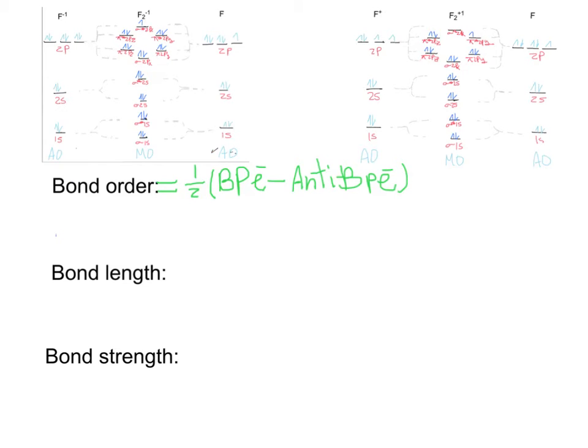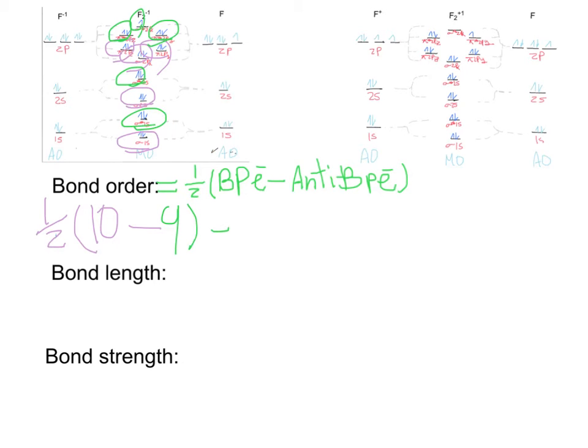Starting with the F2-1, it is half of the bonding electrons, which are 2, 4, 6, 8, and 10. So 10 minus the anti-bonding electrons, which are 2, 4, 6, 8, and 9, which is 1/2.